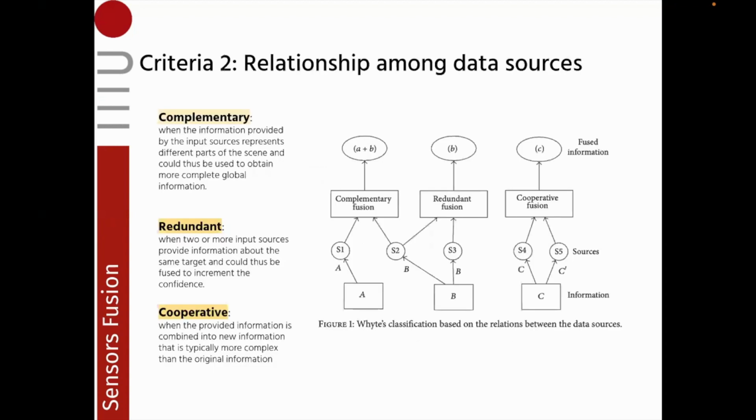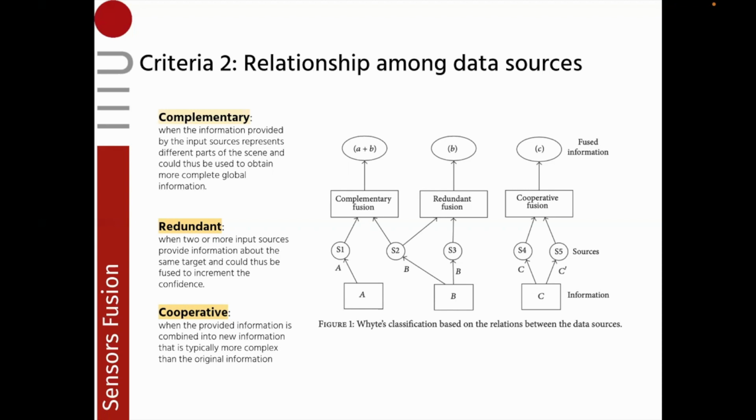Relationship among the data sources is the second criterion. As we can see here, we can have a sensor fusion system where the sources are complementary. In the first example here, we have 2 different sensors that are sensing different parts of the scene, so 2 different aspects of the object we want to measure.